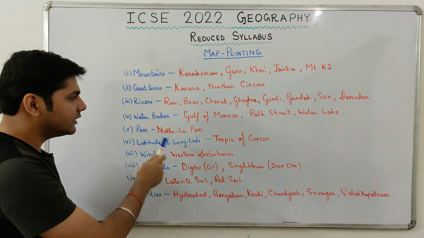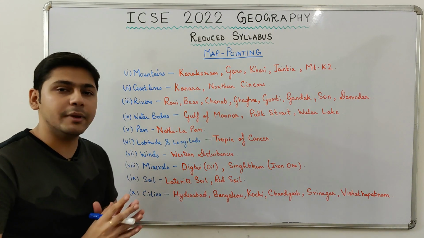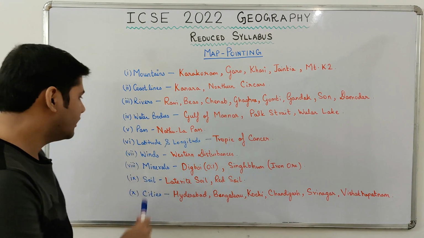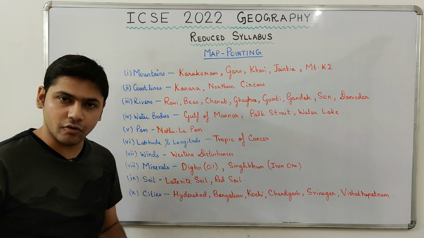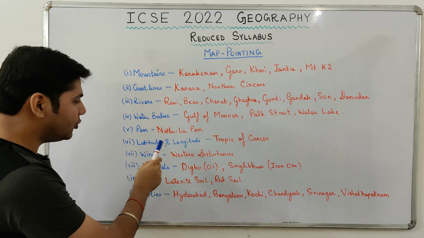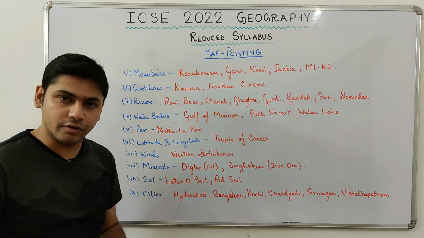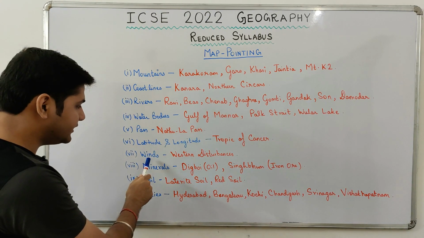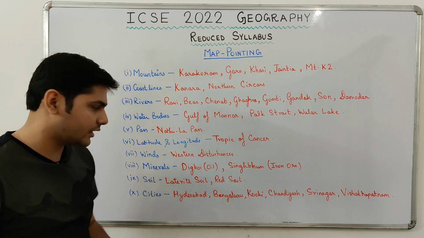From water bodies, Gulf of Mannar, Palk Strait and Vular Lake have been removed. From passes, Nathula Pass has been removed. From latitude and longitude, Tropic of Cancer has been removed. From winds, western disturbances have been removed.